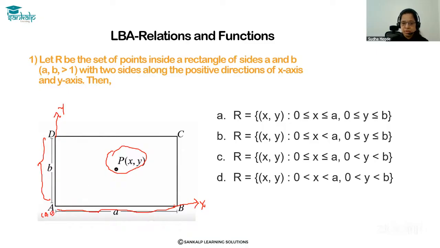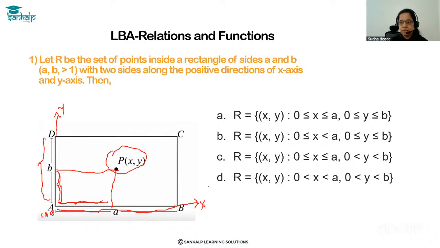See this point P(x, y). Its x coordinate will be this distance and its y coordinate will be this distance. Clearly this distance is more than 0 and less than a, and this distance is more than 0 and less than b.